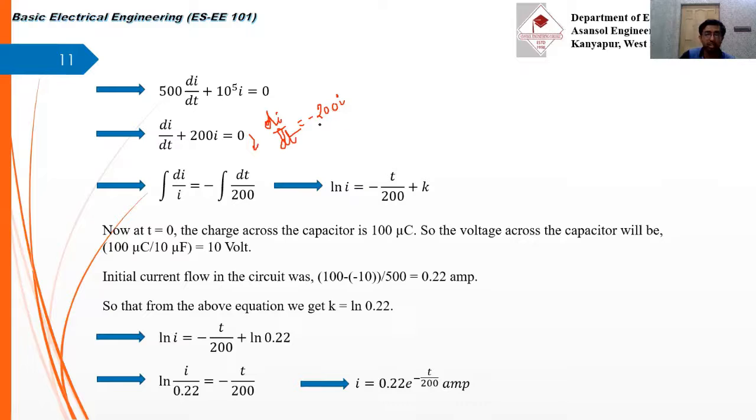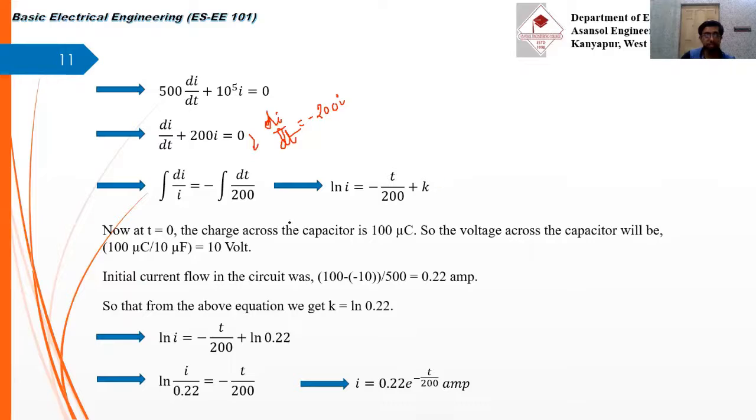So the final step is integration of di by I equals integration of minus 200 dt, and you will get ln I equals minus t by 200 plus k.